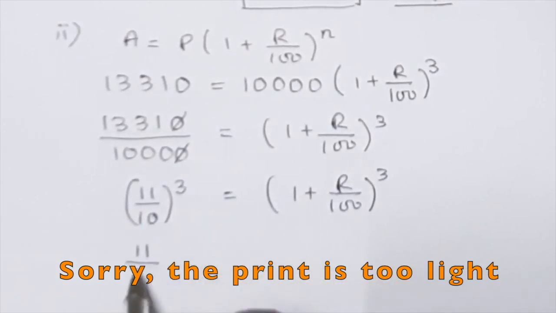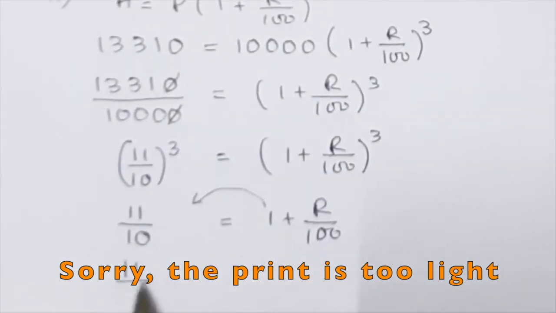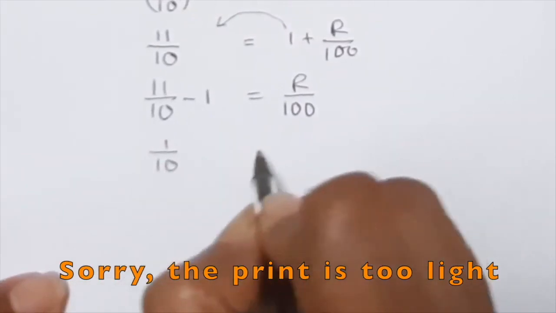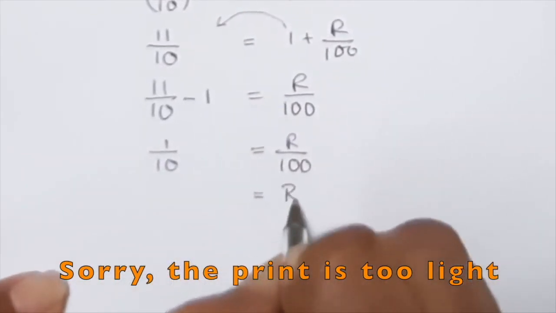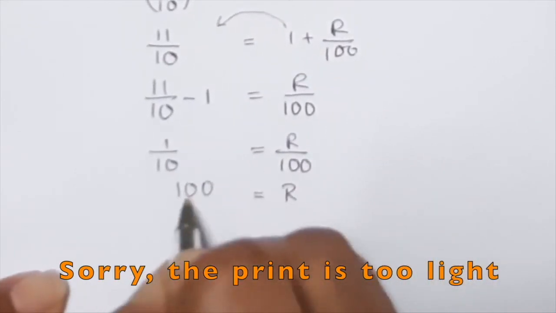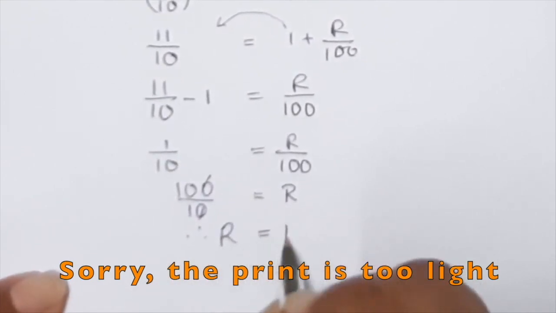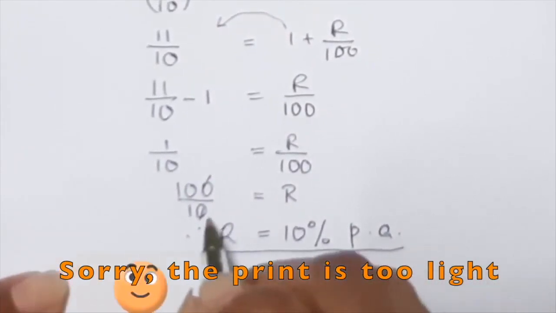So taking cube root, we will have, now we transfer this 1 this side, so it becomes 11 upon 10 minus 1 equal to r upon 100, and so we get 1 upon 10 equal to r upon 100. So your r is going to be, 100 comes this side, and therefore your rate is equal to 10% per annum, and that is our answer 2.